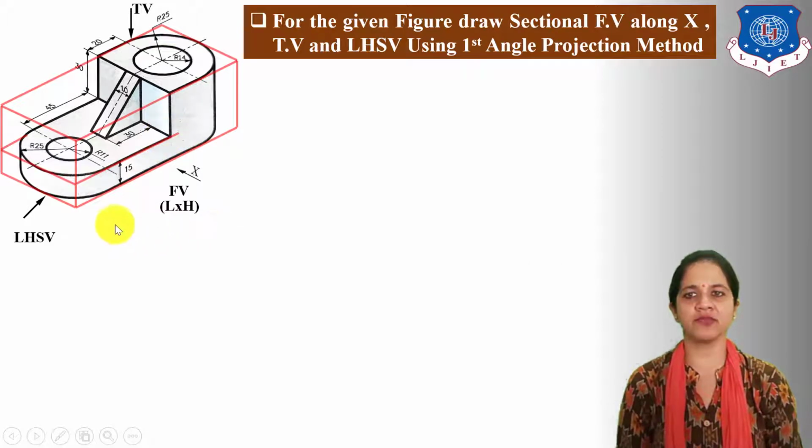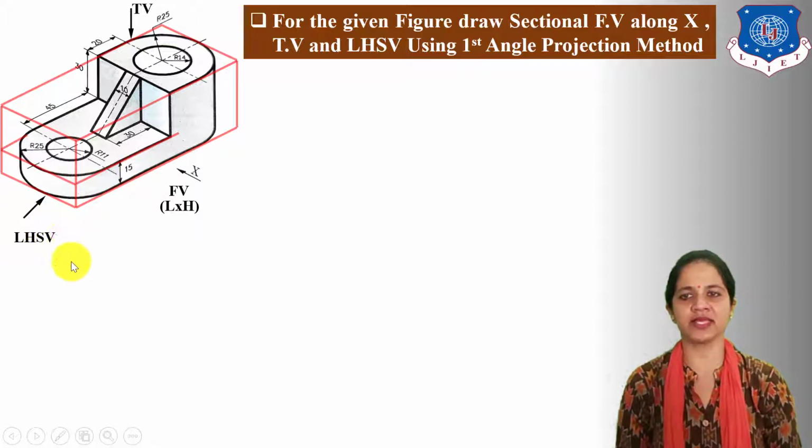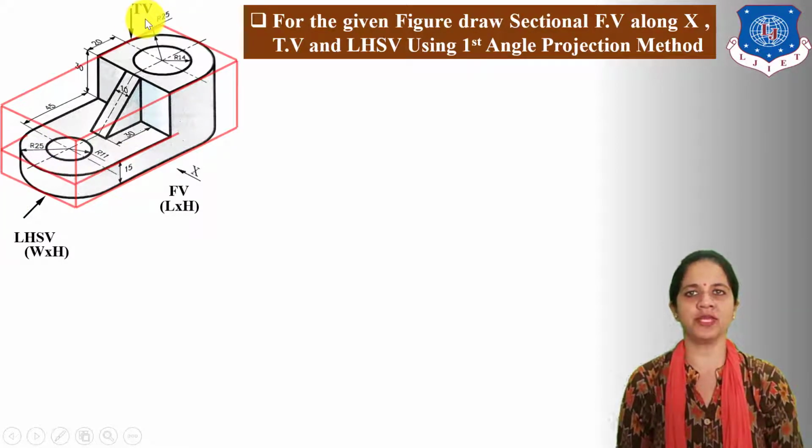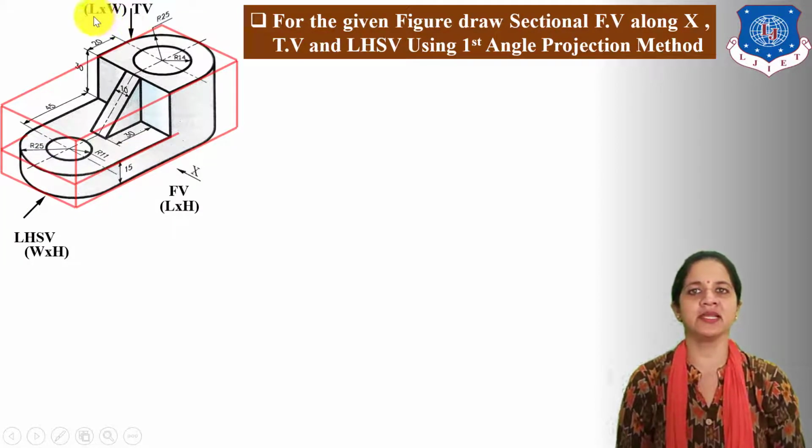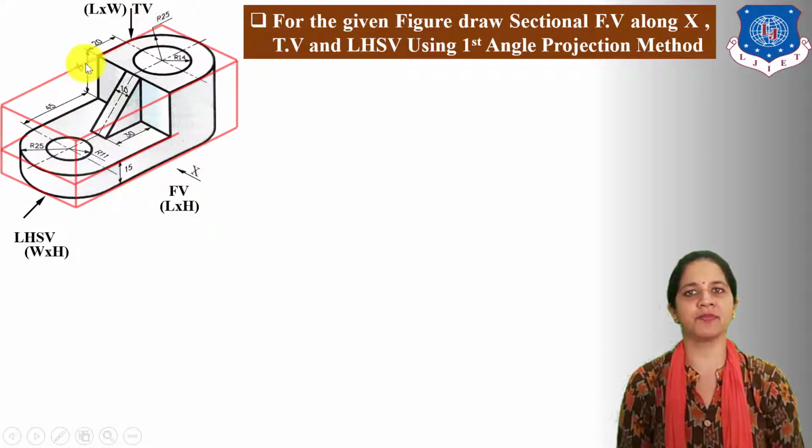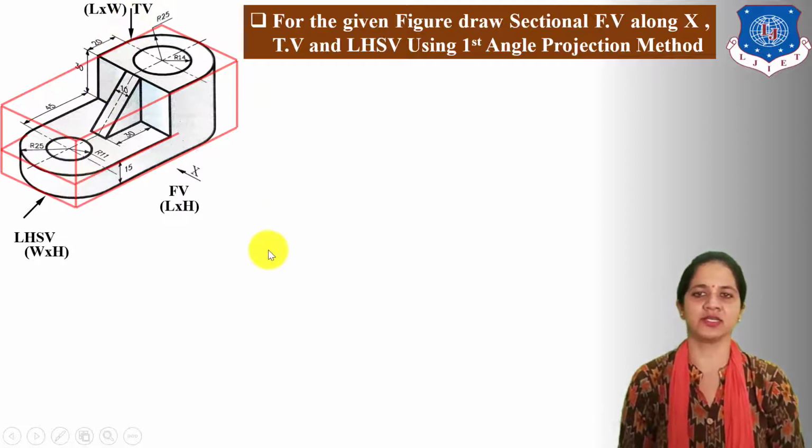We cannot see the width part. From the side direction, we can see width and height. We cannot see the length part. From the top direction, we can see the length and width part of the object. We cannot see height from the top direction.